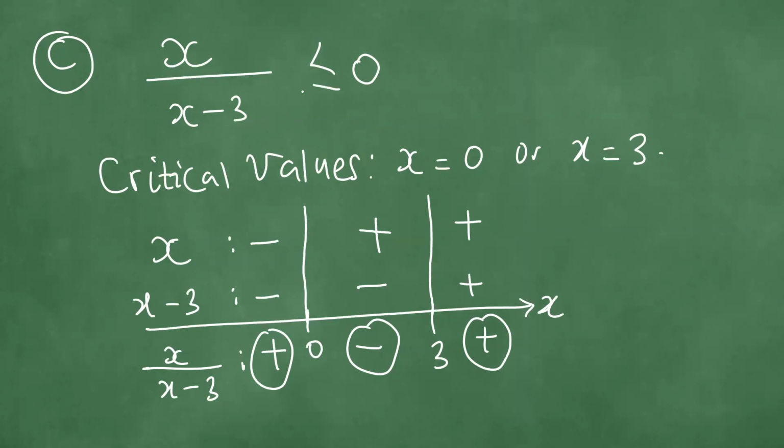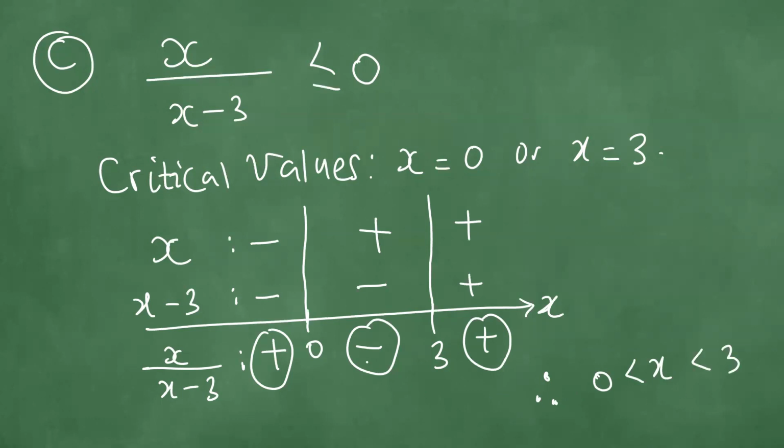If this is less or equal to 0, we're looking for less or equal to 0, and we can see that it is between here. Hence, part C means that our solution is going to lie between 0 and 3, so that we have 0 is less than x, less than 3.